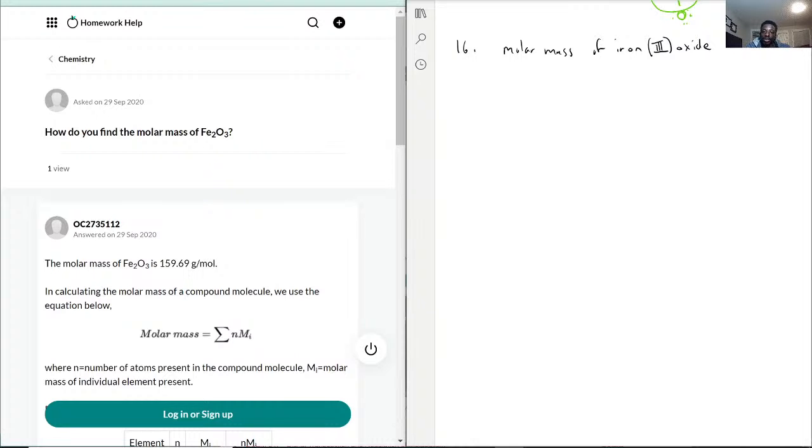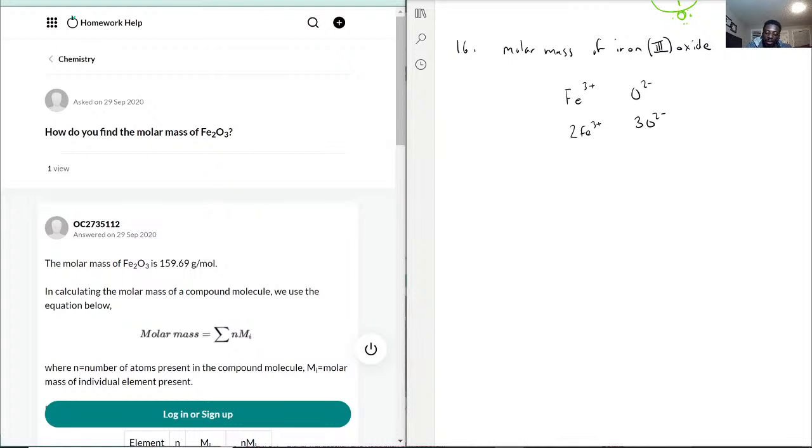Because you need 3 oxygens to balance this out. So it'll probably be Fe3+ and O2-. For it to be neutral, you need 2 of these, 2 Fe3+, and 3 of these, 3 O2-, to get 6 on each side. But yeah, let's find the molar mass.